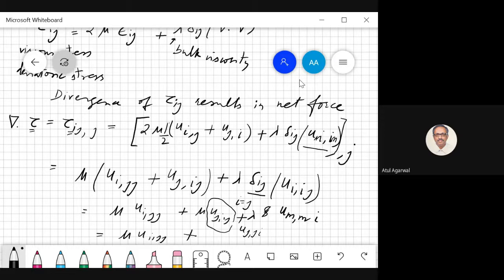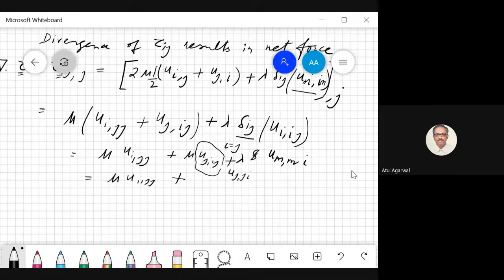Now you see these two terms are the same. J is a dummy, um comma mi. So you can replace this term with lambda plus mu, uj comma ji. Any problem? These two are the same: um comma mi, uj comma ji. And what is this term, ui comma jj? This is known as the Laplacian of u.